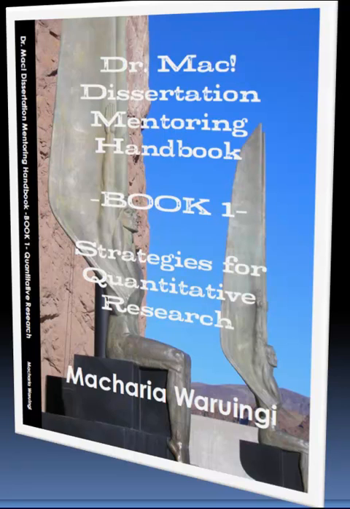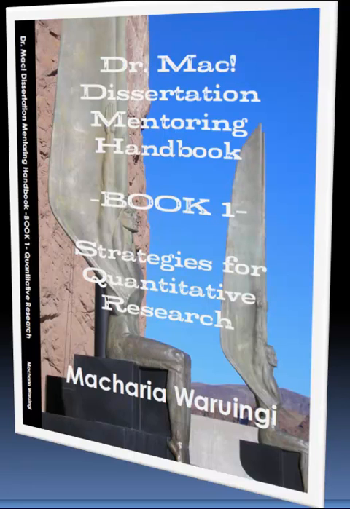Okay, so I'm not going to belabor that point. Remember that the purpose statement has got 7 elements. The first element is a statement of the method and the appropriateness of the method, the design, the appropriateness of the design, the population, the sample, the geographic location, and the instrument that you're going to use.